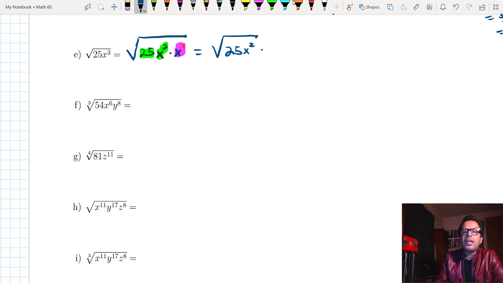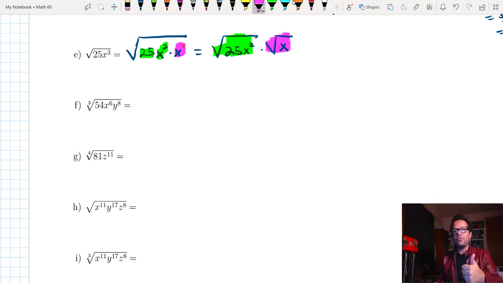And the second radical contains the ones that are not perfect squares. I keep the highlighting with the corresponding color, so you can keep track of the ones that are perfect squares and the ones that are not.